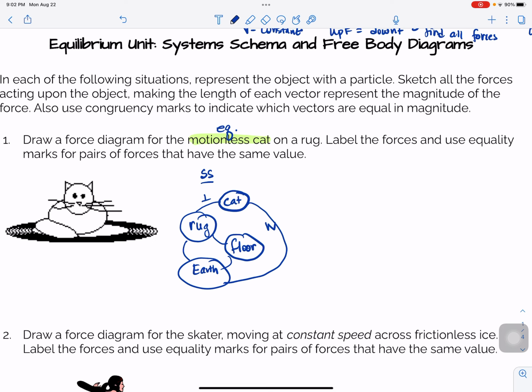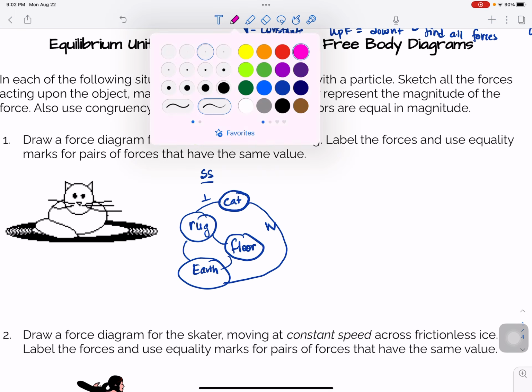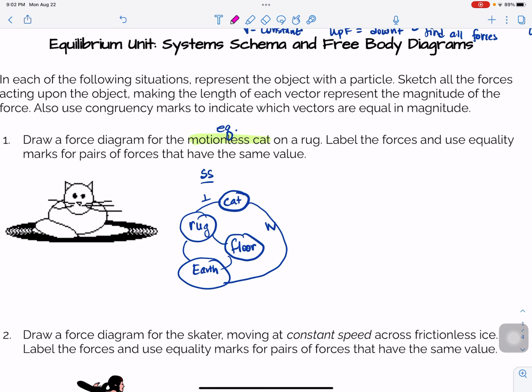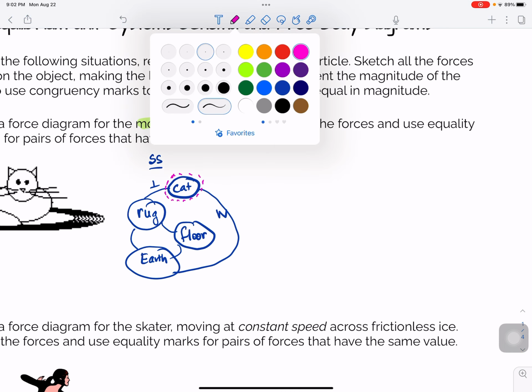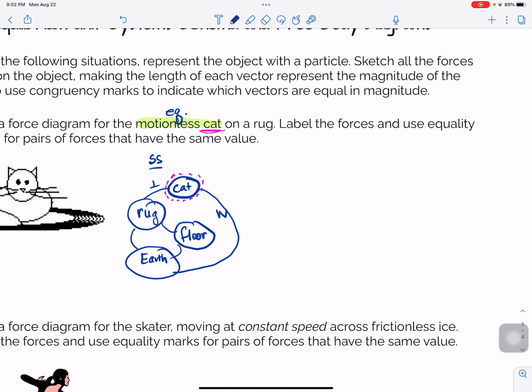We also look at this and we see that we want the force diagram for the cat. And so we should put our boundary markers around the cat. And we are now ready to do the free body diagram. So we're going to represent the cat with a dot.